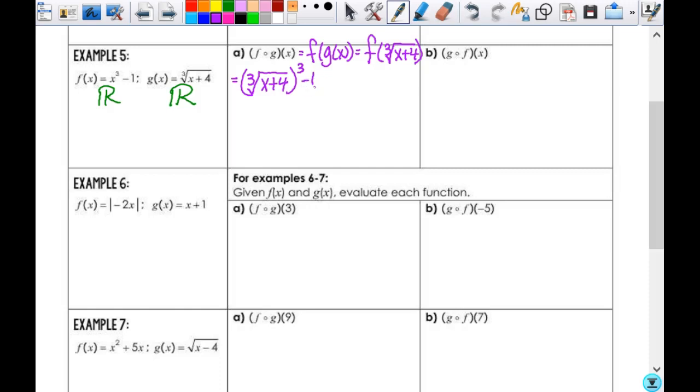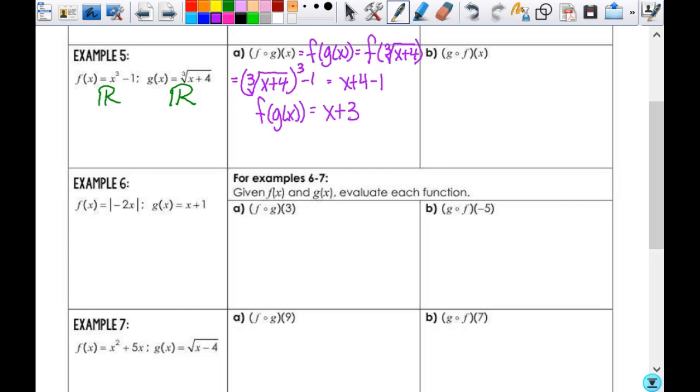Yes? So that looks pretty bad, right? But it's not, because it cancels out. The cube root of x plus 4 cubed is just what? X plus 4, right? Because those are inverses of each other. So I just get x plus 4 minus 1, which means f of g of x is what? X plus 3.